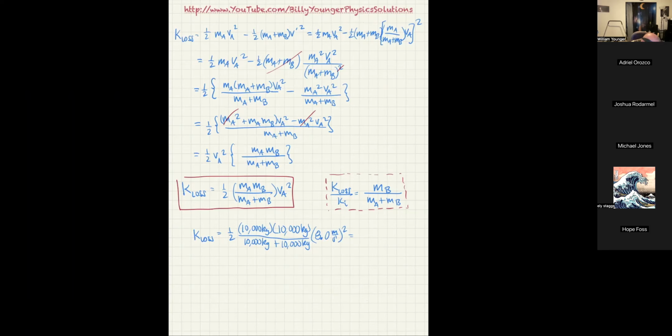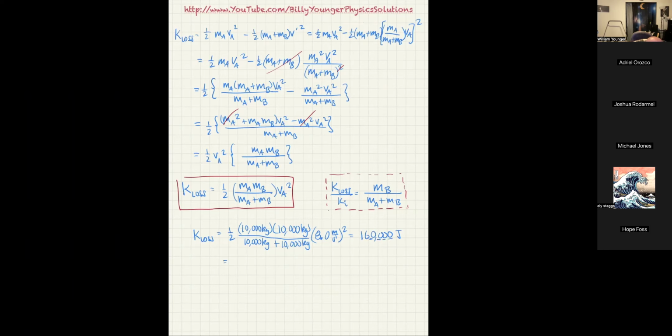And this gives me 160,000. And you can see that the units turn out to be kilograms meters squared per second squared, and a kilogram meter per second squared is a newton, and a kilogram meter squared per second squared has to be a joule. But of course, we only had two sig figs, so these last four digits are in fact not significant.